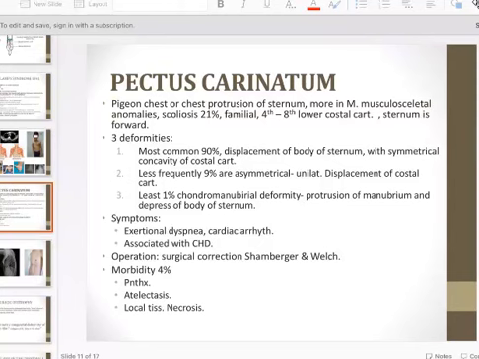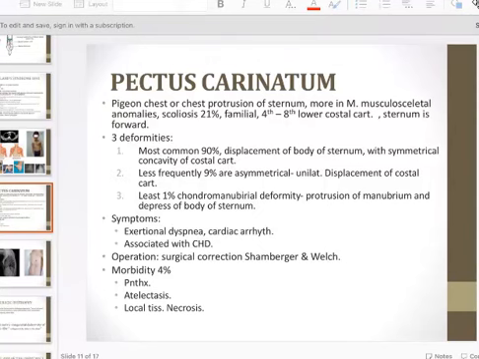Symptoms of that one: we also have exertional dyspnea, and it is more commonly associated with cardiac arrhythmia. Those who present most often present with atrial fibrillation, so they visit a doctor due to atrial fibrillation. This is also associated with congenital heart disease.